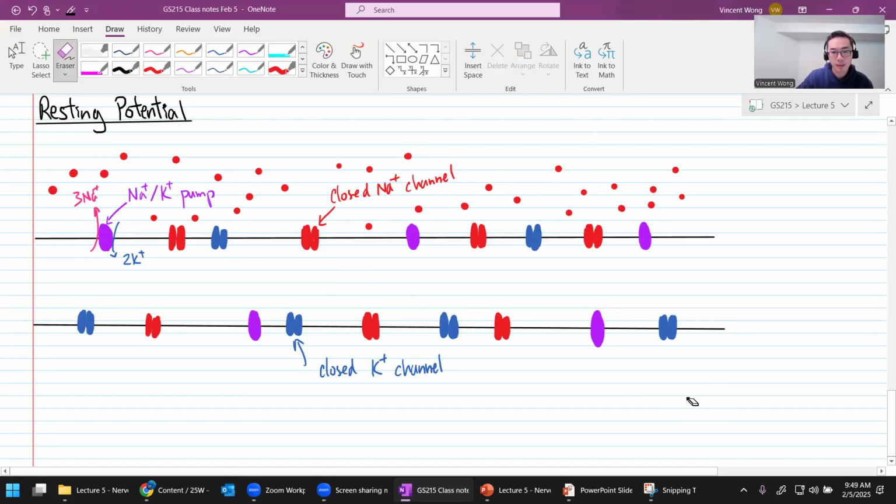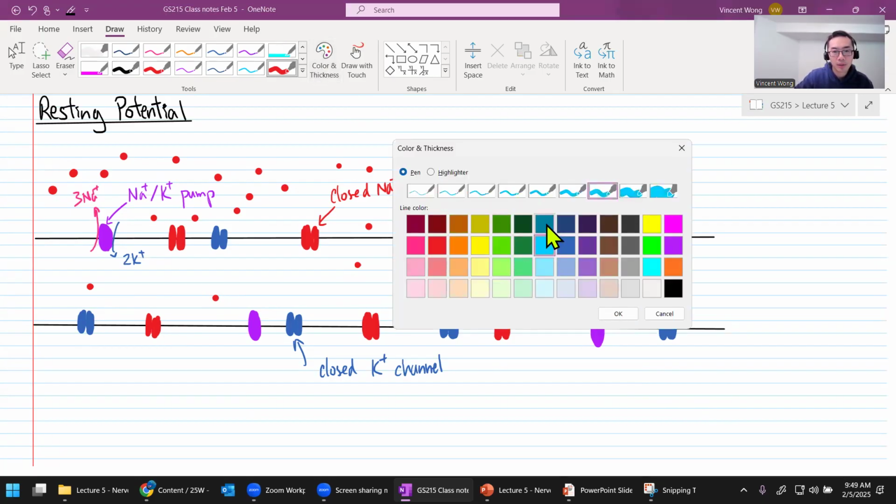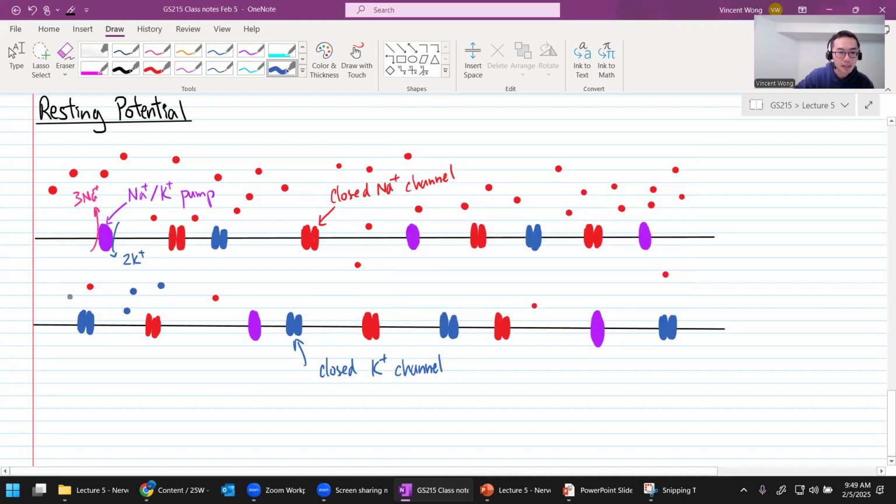Let's just leave it at the top; the bottom would be the same thing. And on the inside, not so much. For the potassium, it is going to be the opposite. Again, if you don't have colors, you will put K plus instead of the dots. And you will have some on the outside, but not so much.